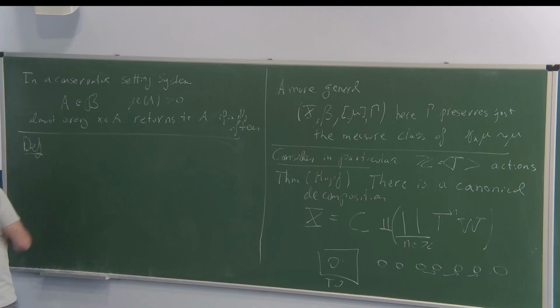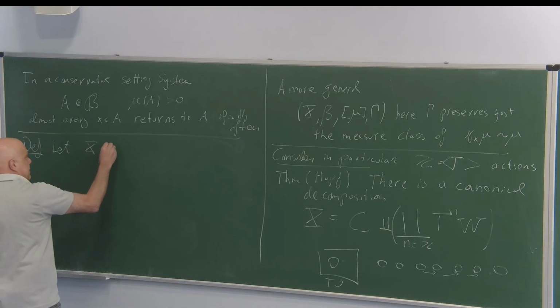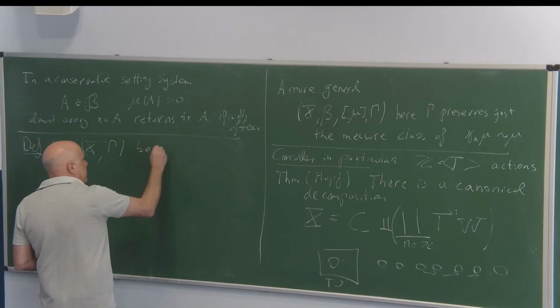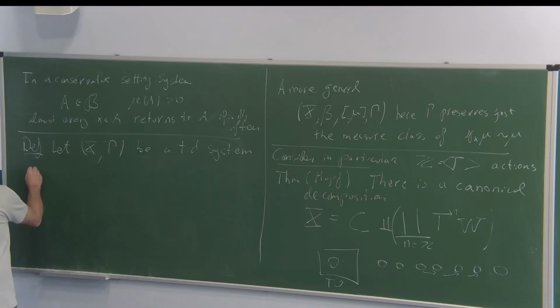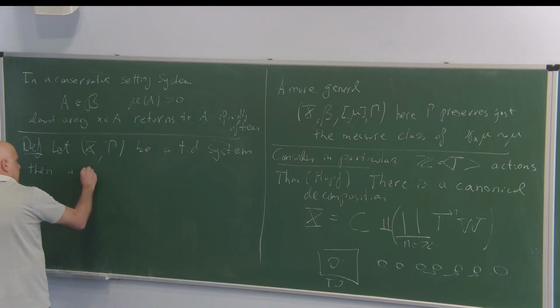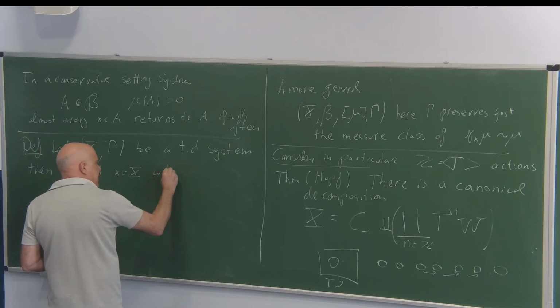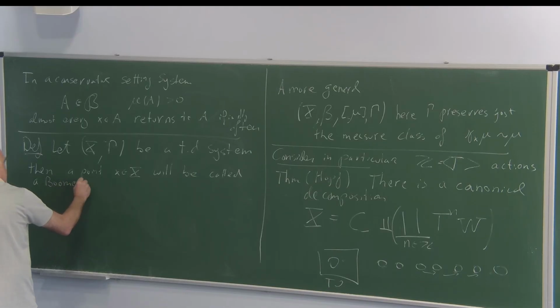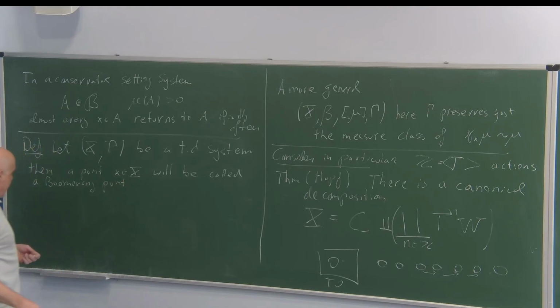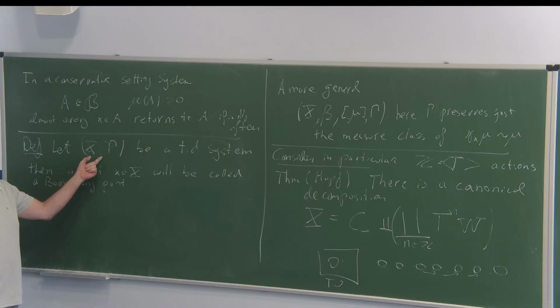So here is a definition. Let X with Gamma be a topological dynamical system. Then a point x in X will be called a Boomerang point if it returns infinitely often, specifying under what element and returns to where.